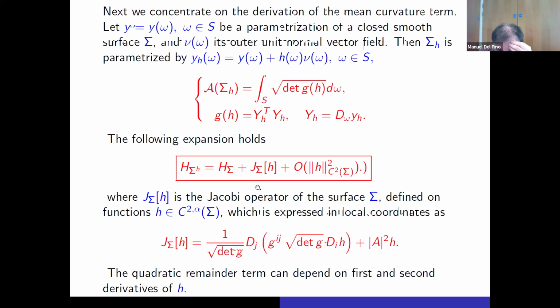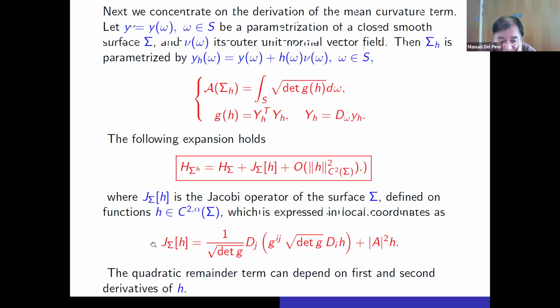And what is this operator, J sigma of h? It is the so-called Jacobi operator for the surface sigma. The Jacobi operator is by definition this. These d_i's mean partial derivatives in coordinates. Here I am using some system of local coordinates to express this, and this is the metric, or the inverse of the metric.